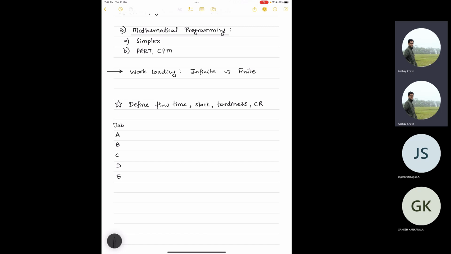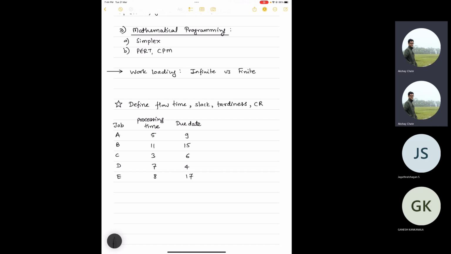The processing time for each is 5, 11, 3, 7, 8, and the due date is, let's say, 9, 15, 6, 4, 17.